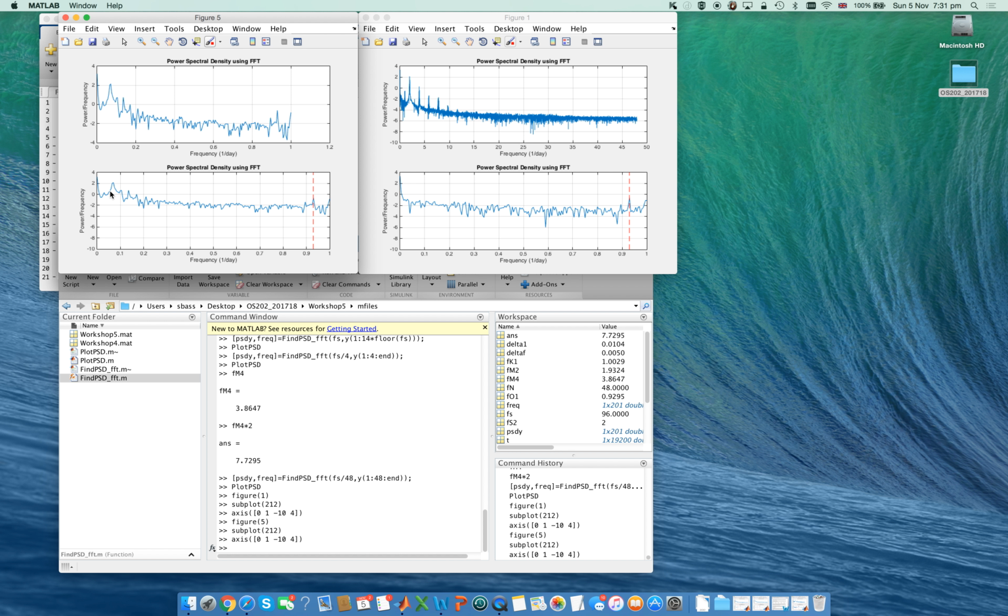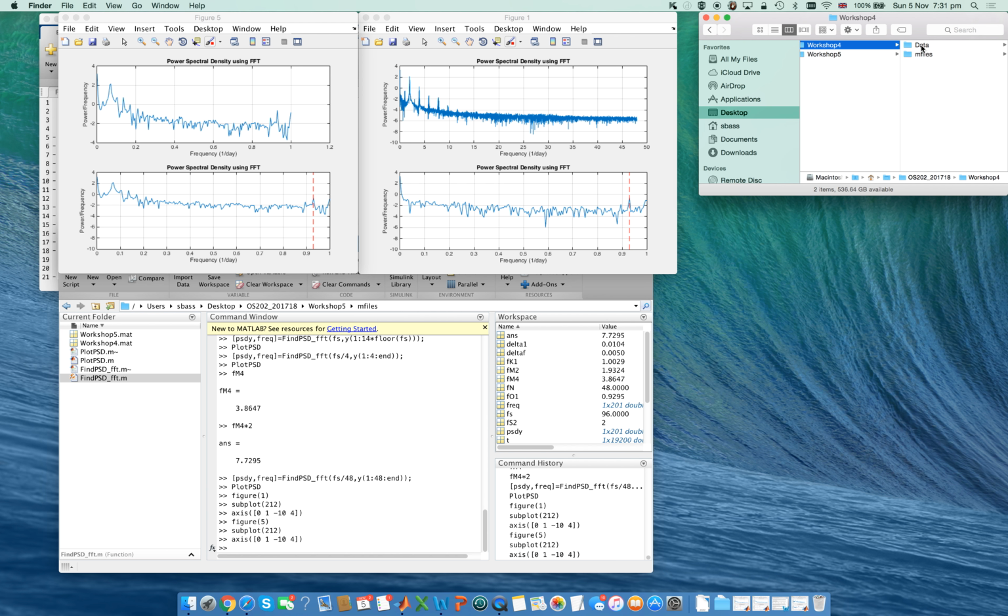If we went back to the Workshop 4 instructions, where we've got a figure where we've undersampled, sampled at intervals of every 0.5 days, and you look at the figure with the pink line on it, it's an example of aliasing.